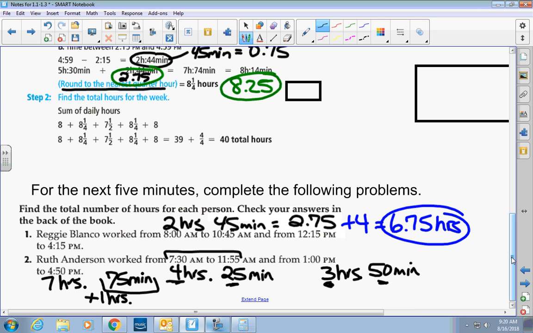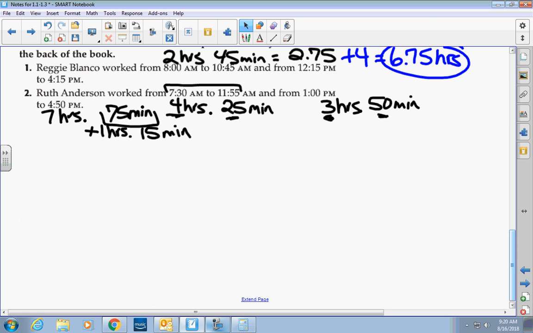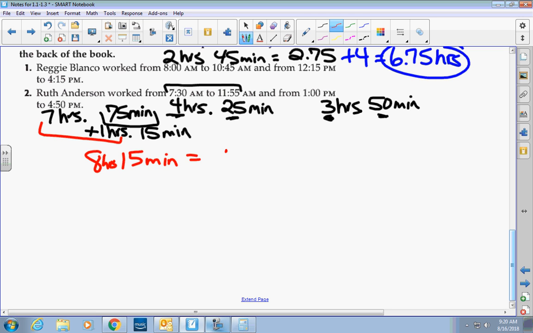So once I take that 60 minutes out, how many minutes are left? 15. Okay, so that's 7 hours plus 1 more. So that's 8 hours total. And 15 minutes. So 8 hours, 15 minutes, or 8.25.